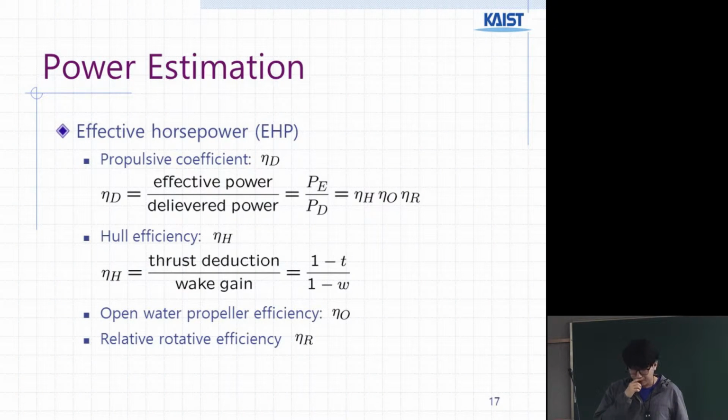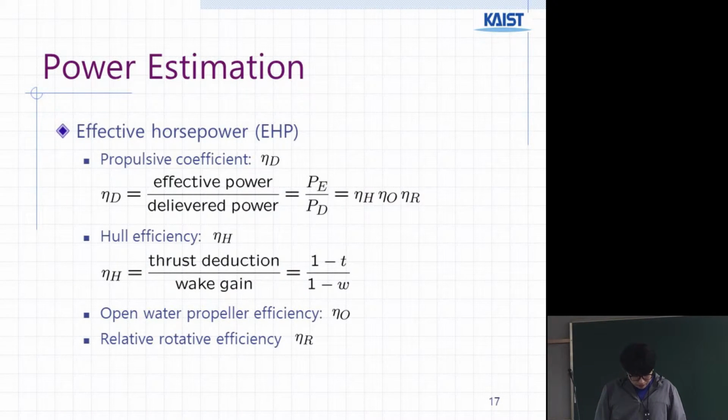The first is hull efficiency, NH, which is thrust deduction over wake gain. The second is open water propeller efficiency, NO, and the third is relative rotative efficiency, NR. This propulsive coefficient is composed of the product of NH, NO, and NR. You can calculate like this.